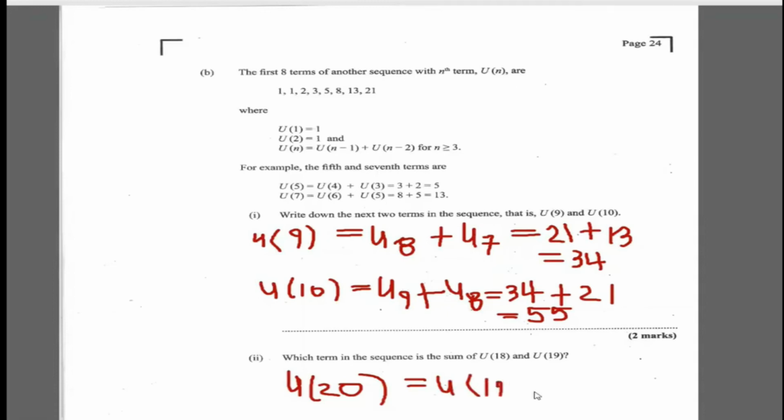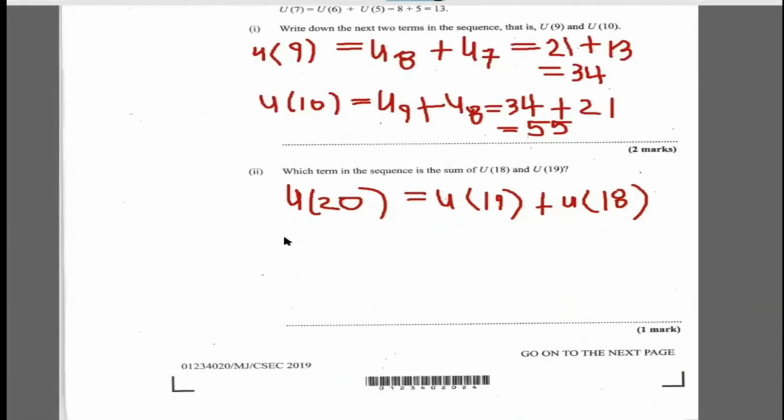And so the 20th term will give us U19 plus U18. What term? U20. That is the 20th term.